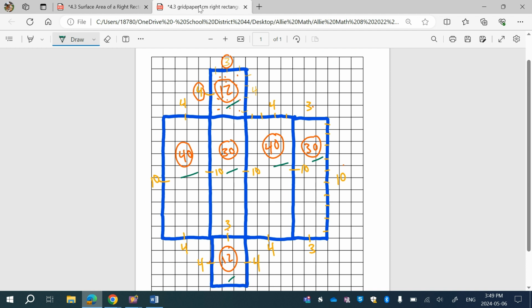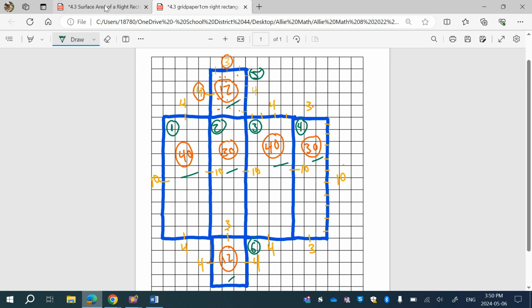I guess let's call this 1, 2, 3, and then 4, 5, 6. Wow, I've got a lot written on here. So let's go this way, 1, 2, 3. So our first three rectangles are going to be 40, 30, 40.